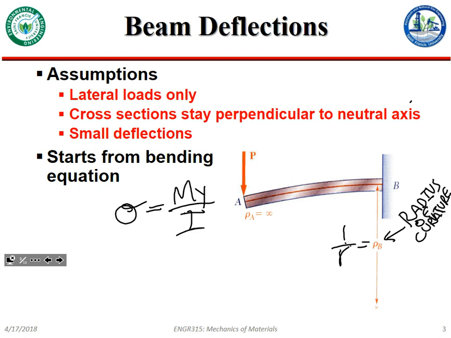All right. So if I start with this, I know that stress is just equal to the elastic modulus times normal strain, because that's what a bending stress produces. It produces a normal stress. Normal stress produces a normal strain because of Hooke's law.